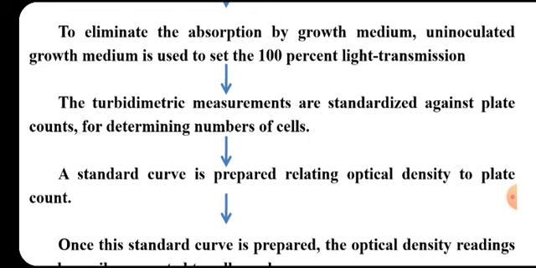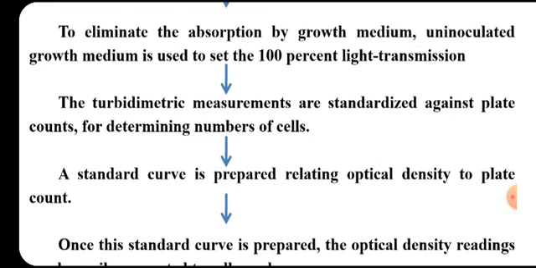Then this will be repeated for each and every dilution. Now you have two parameters. One is optical density of that particular dilution, and you have total viable count or the cell number present in that dilution.